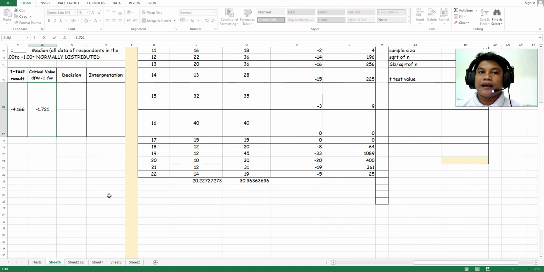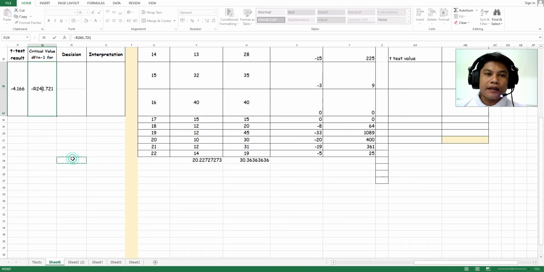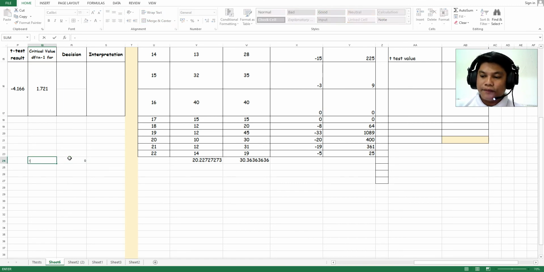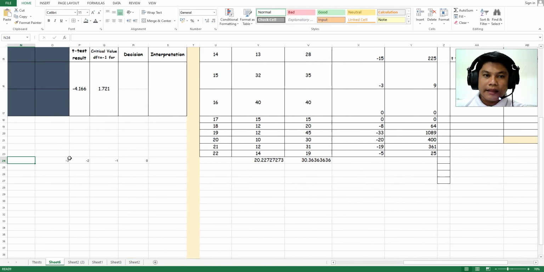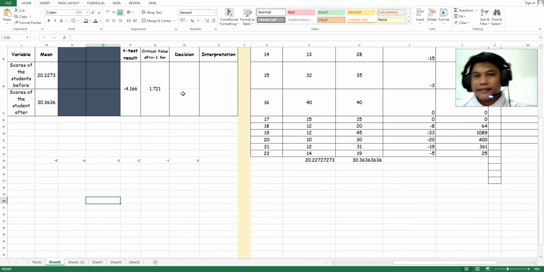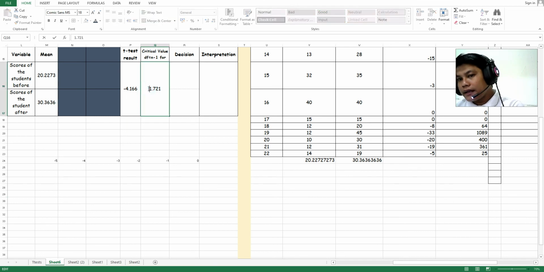If you recall the number line, at the center is 0, going to the left is -1, then -2, -3, -4, and -5. In this case, the critical value is in the negative 1.721. So it's the left tail.